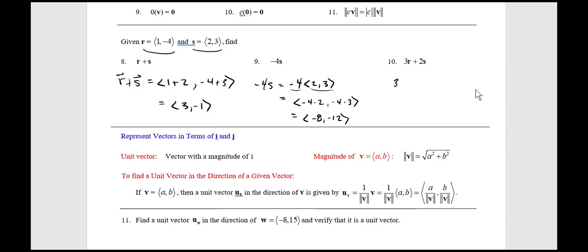Okay, 3r plus 2s, maybe a little more complicated, but it's really not bad. I should be putting vector hats on these vectors. This is just 3 times the vector 1, negative 4, plus 2 times the vector 2, 3. Well, we know how to deal with the scalars on each vector individually. The scalars hit each component.